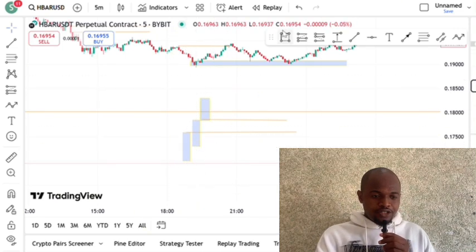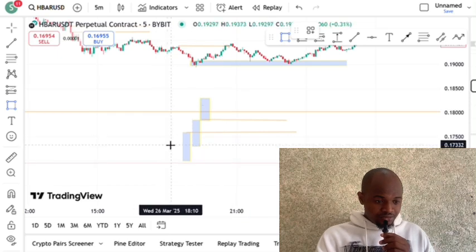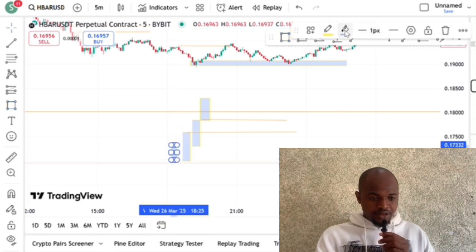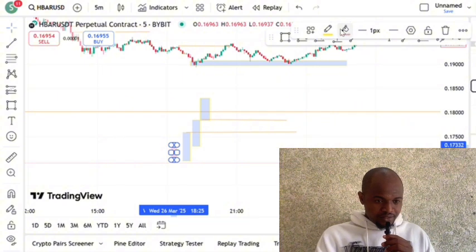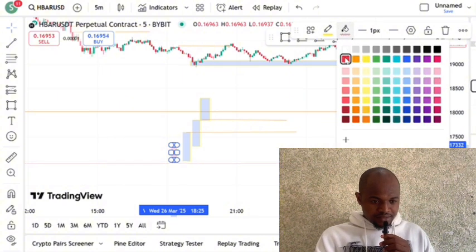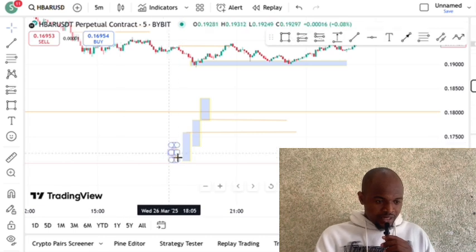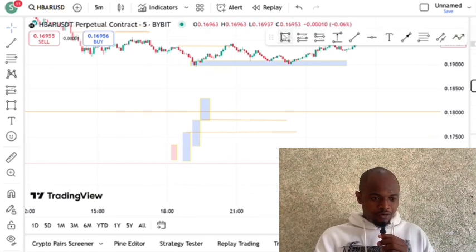Now the order block is going to be, we are going to locate the candle that I told you, the last red candle that traded before the green candles began to appear. So let's call that candle red. Okay, this is a red candle, so this is where we'll pick our order block from.